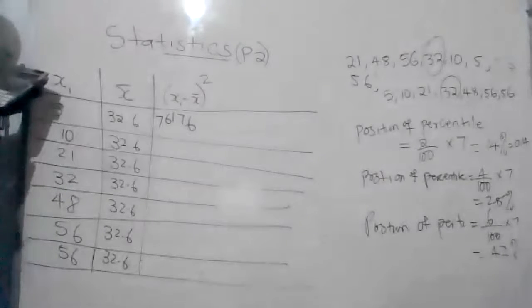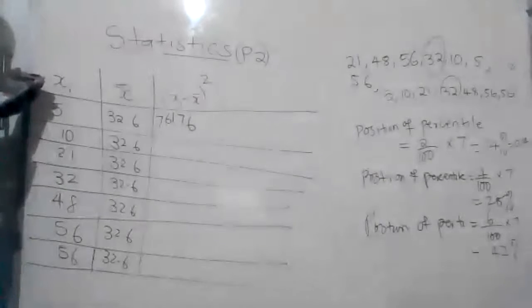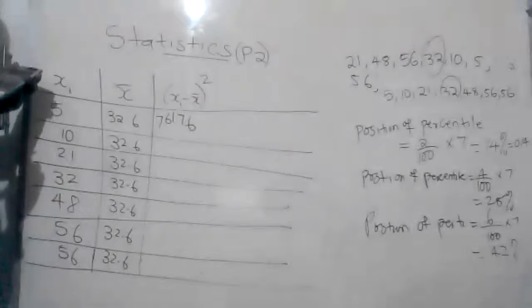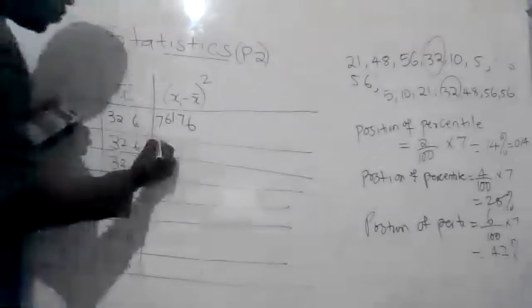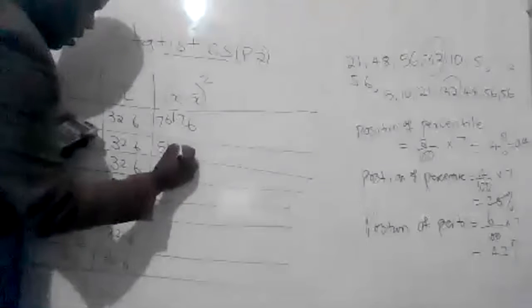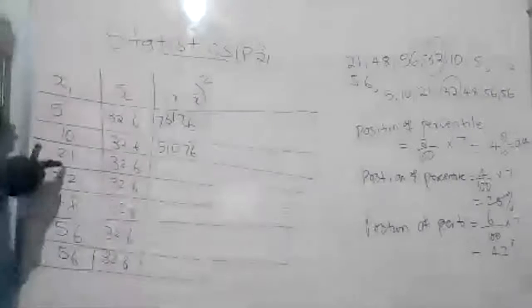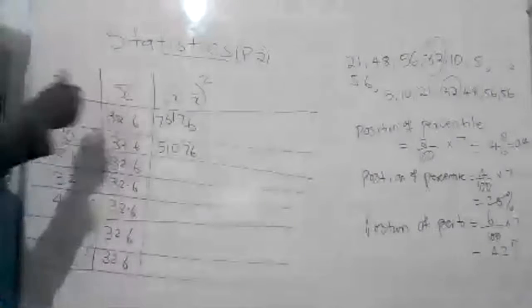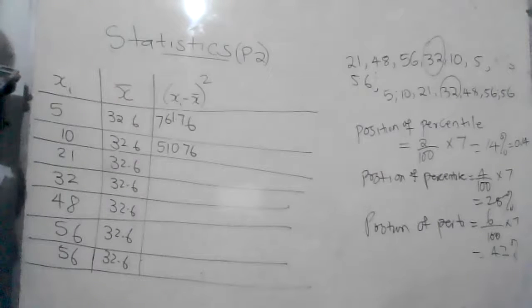We do the same on the second one. It will be 10 minus 32.6, and then you square it. That will give you 510.76. We do the same here. We subtract this and that, and then we square it. So it's going to be 21 minus 32.6 and then we square it.